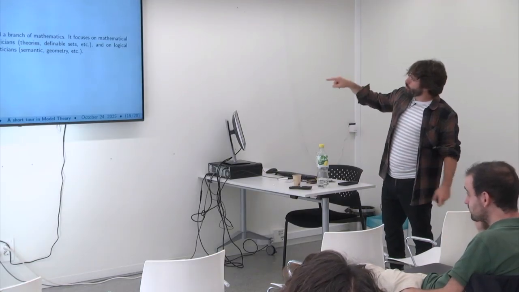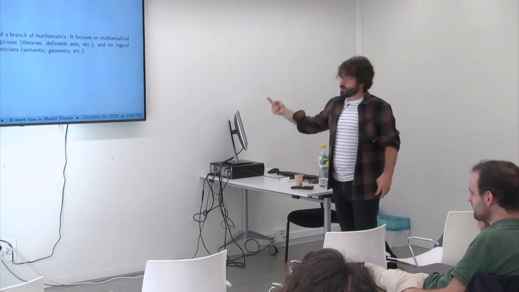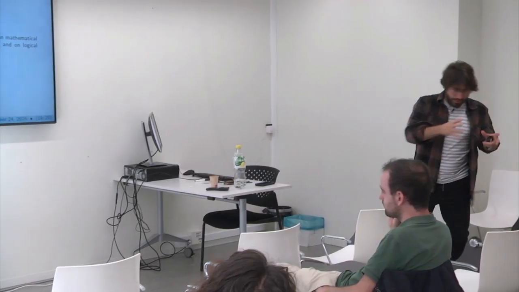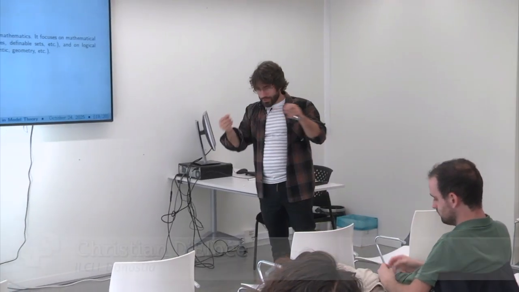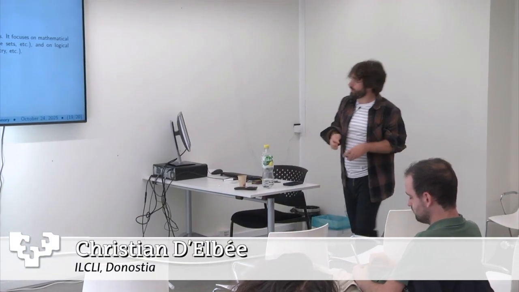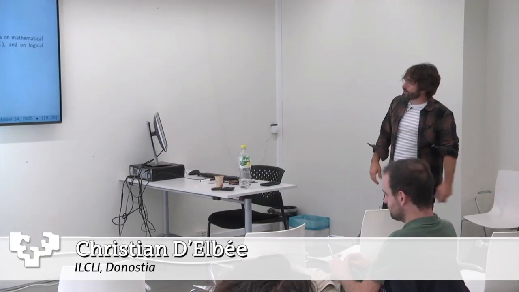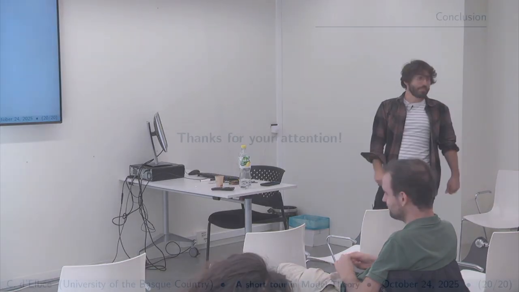And it also focuses on logical questions with the approach of mathematicians. So that's the more semantic way, like, okay, this is a complex syntax property. Can we see it geometrically? Can we use the approach of mathematicians to understand that? Okay, so I think that's all for me.